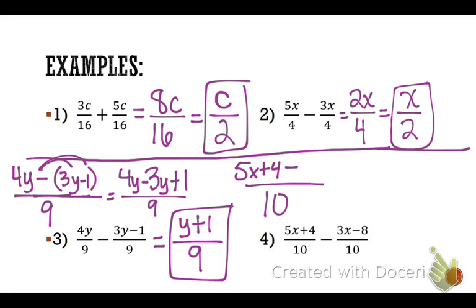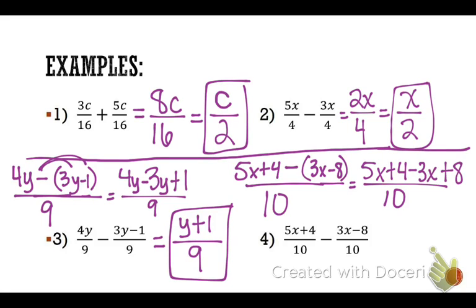But I'm subtracting the other binomial, so I will put it in parentheses since we've got a minus sign right out in front of it. So we still have a denominator of 10. This becomes 5x plus 4, and then what would come after it? Minus 3x plus 8.